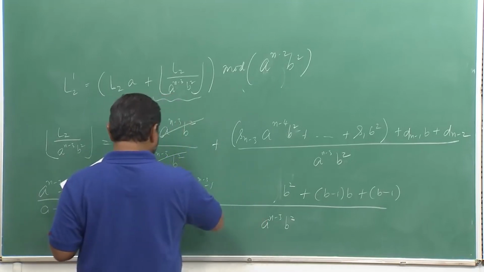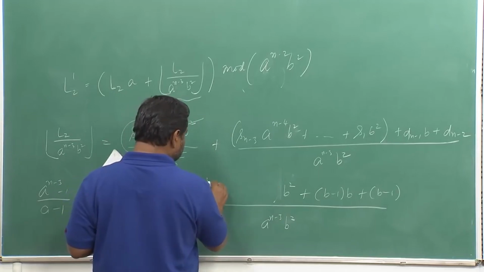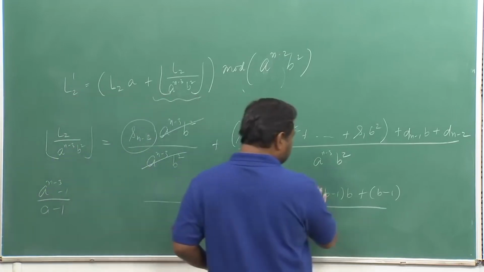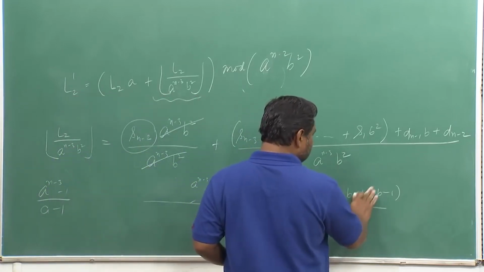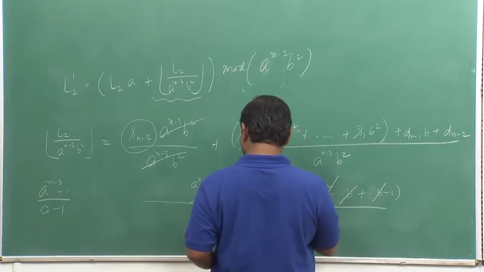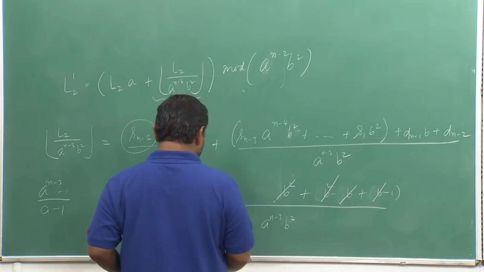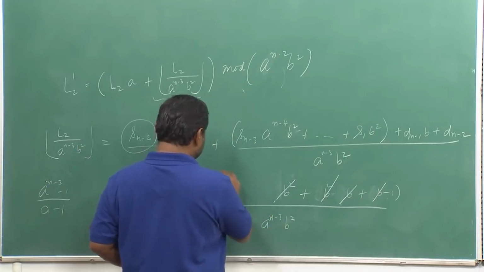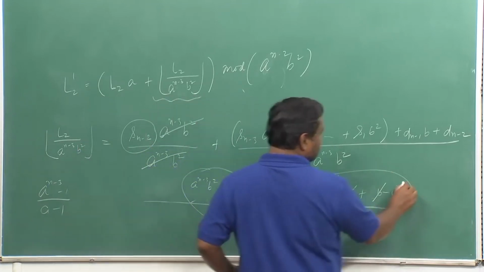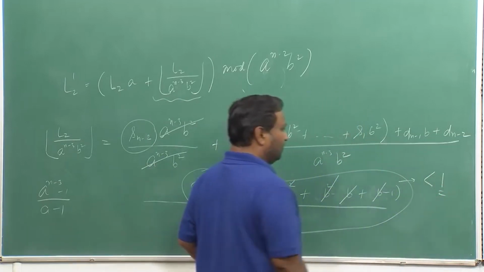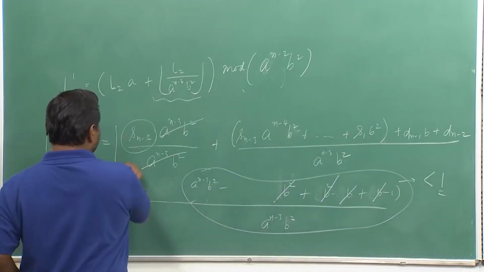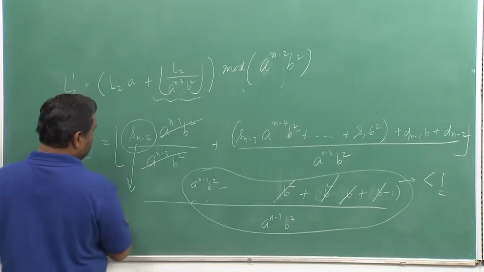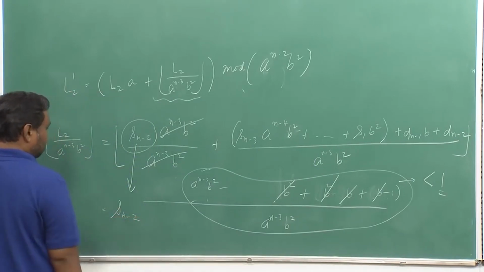So, I can actually remove this one and b square gets multiplied to both sides, minus b square. So, this also now I can write b square minus b. So, b cancels with this, b square cancels with this. I have a term a raised power n minus 3 b square minus 1 divided by this. This certainly is less than 1, which implies when I take this floor function, I should only get this term, which is Sn minus 2.